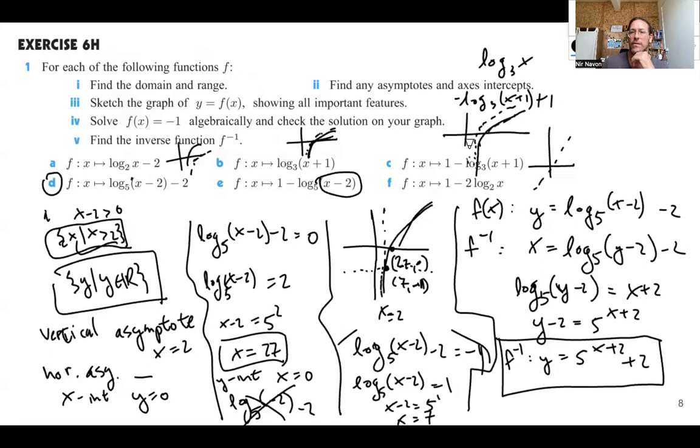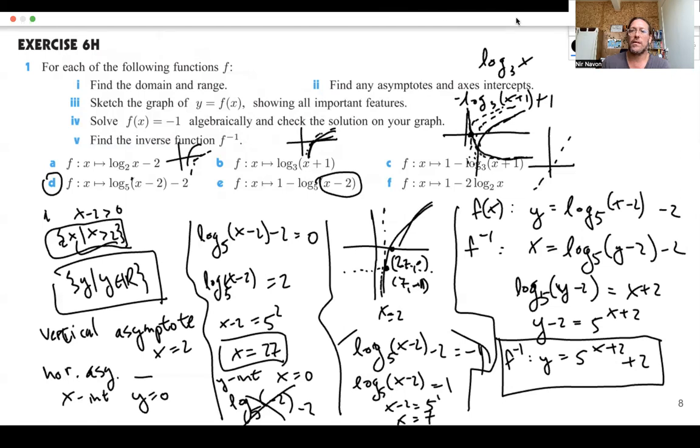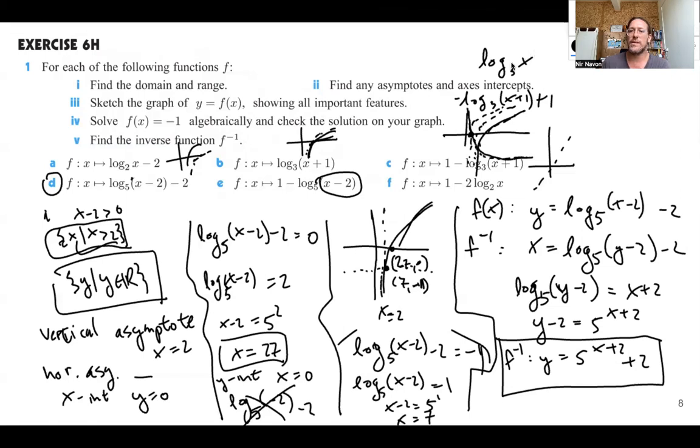It's counterintuitive. And the minus before the function will actually be a reflection on the x-axis. So this would be our solution at the end. Okay, so I'll stop here and then we'll go to part 3 of this presentation.